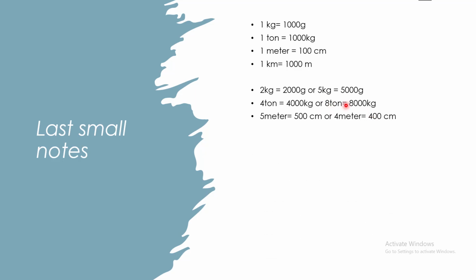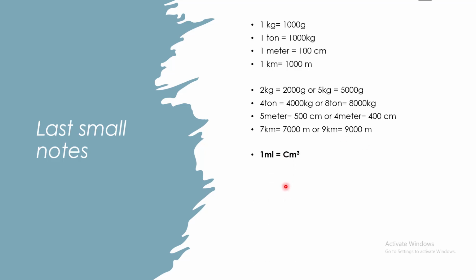In the same manner for meters, 5 meters will be equal to 500 centimeters, or 4 meters will be equal to 400 centimeters. And of course, if we have 7 kilometers, then these 7 kilometers will be equal to 7000 meters, or 9 kilometers will be equal to 9000 meters.